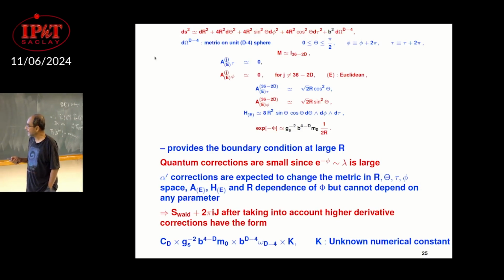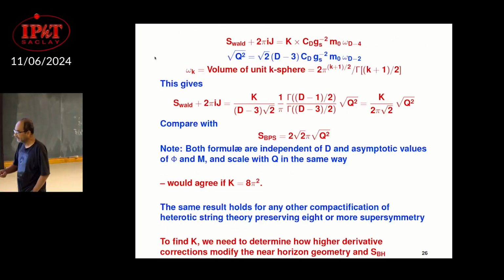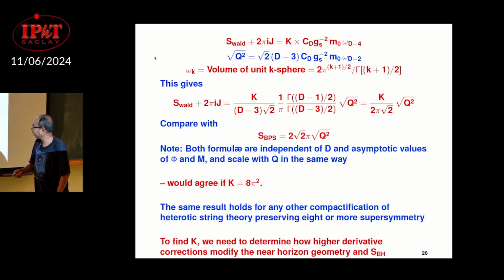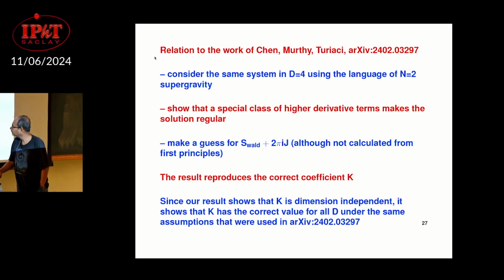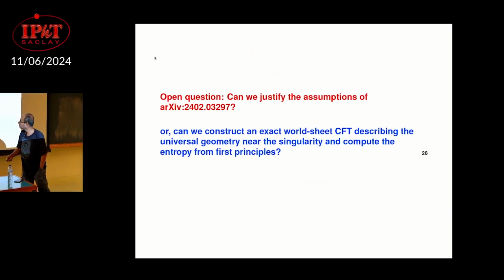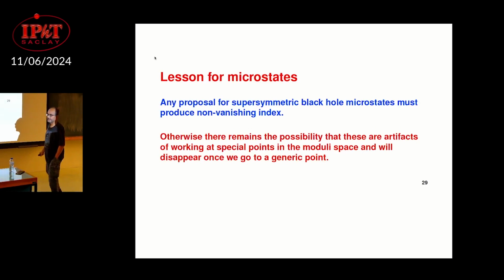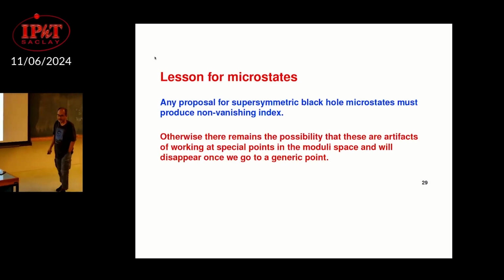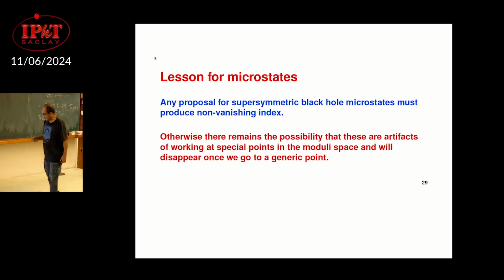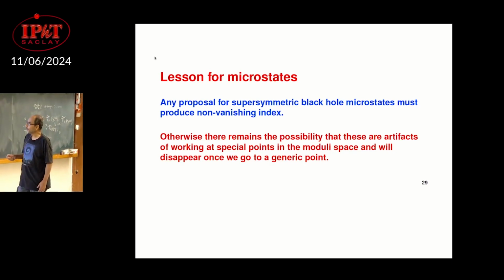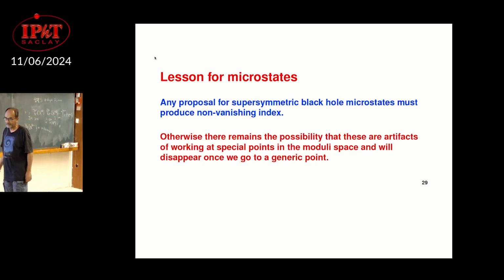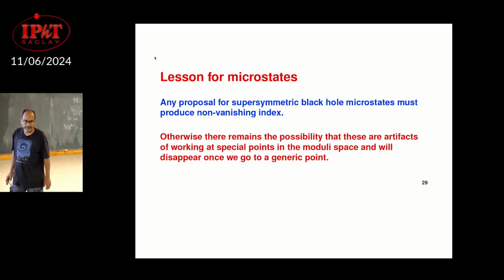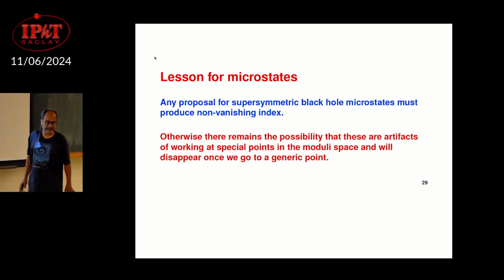Okay, so this is basically the end of my talk. I'll just have one more slide. Since this is a conference on microstates, I thought I'd add this: any proposal for supersymmetric black hole microstates must produce a non-vanishing index, because we really do know from microscopic counting that the black holes carry non-vanishing index, and log of the index is of the same order as entropy.